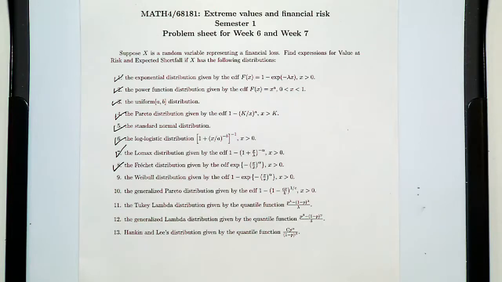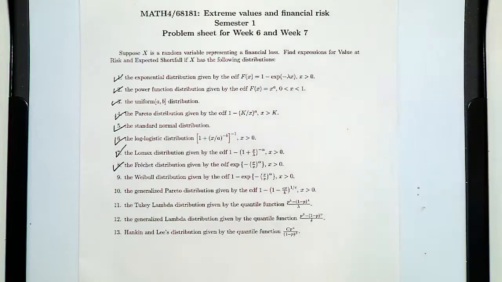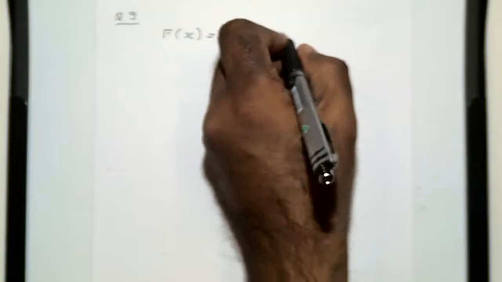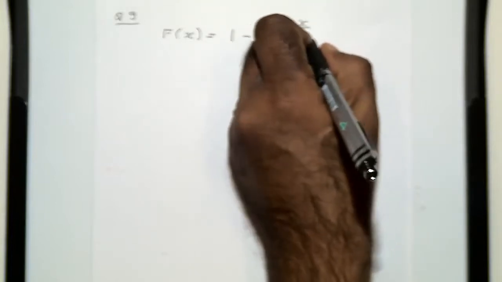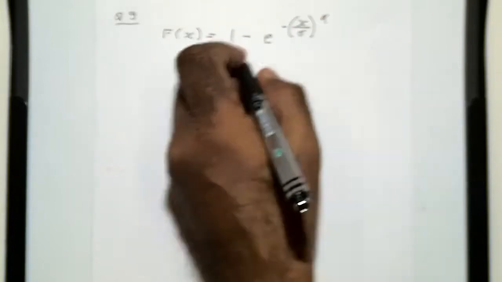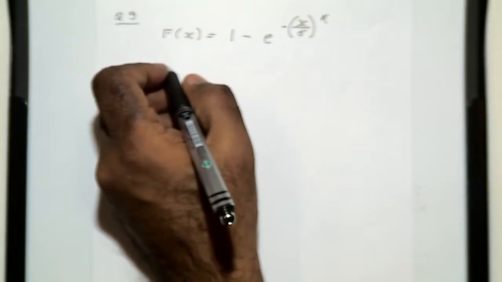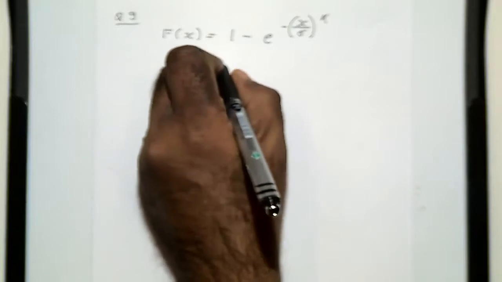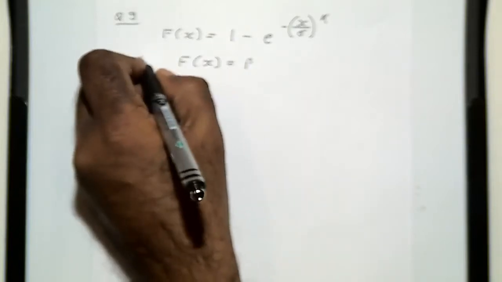All right, guys, let me show you. I'm sure most of you have done it, but if you haven't, let me show you how to do it. So this is Q9. Your CDF is the Weibull CDF, which is given by this. So in order to find the VaR, you set this to p and solve for x.